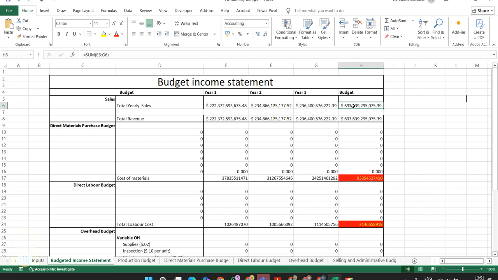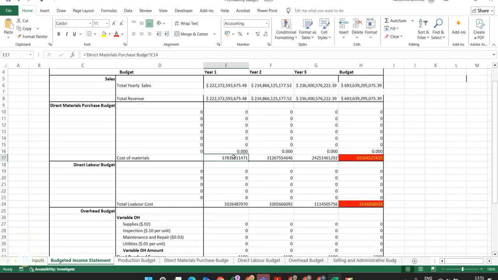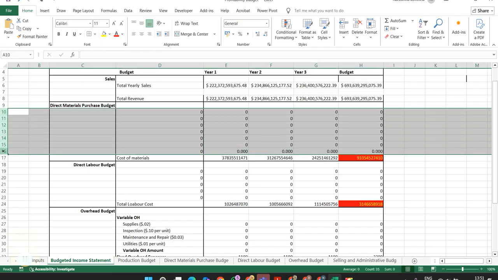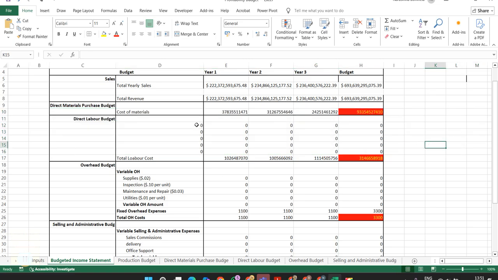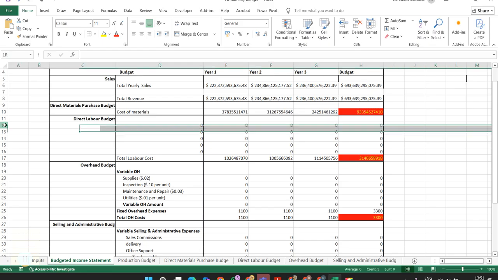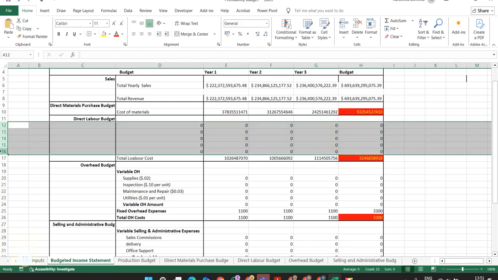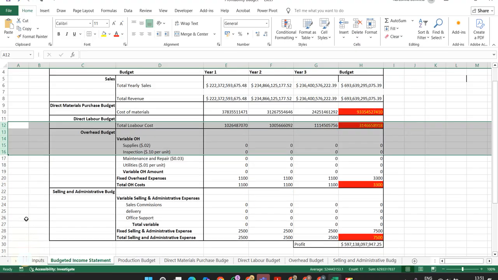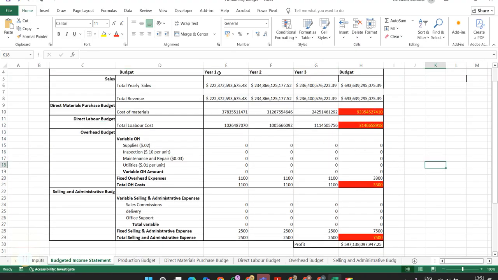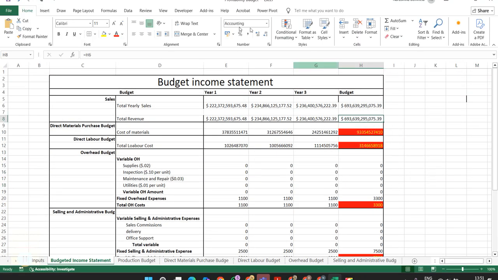This is the total sales value, and in direct materials we are having this table. We don't need all these, so I'm removing this. Delete. We are having cost of revenue like this. Now, next we have direct labor cost. This is our direct labor cost, that is the calculated one. Removing this one. Okay, so this is direct labor cost.